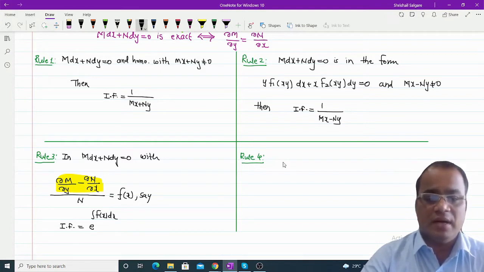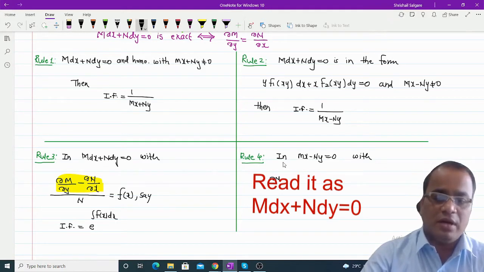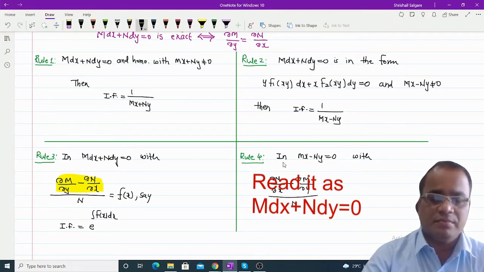And for the last one, in the equation M dx plus N dy equal to 0, you have to change the role. I will take ∂N/∂x minus ∂M/∂y, whole divided by which term?